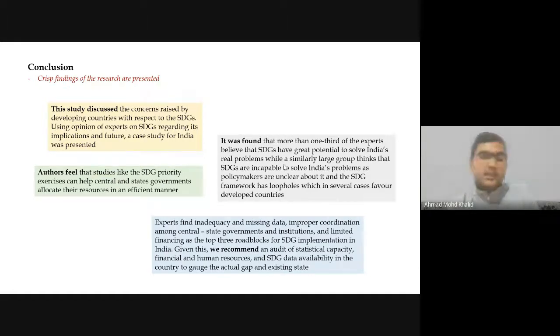while they also said there are issues. Then the authors feel that studies like the SDG priority exercise can help central and state governments allocate their resources in an efficient manner.